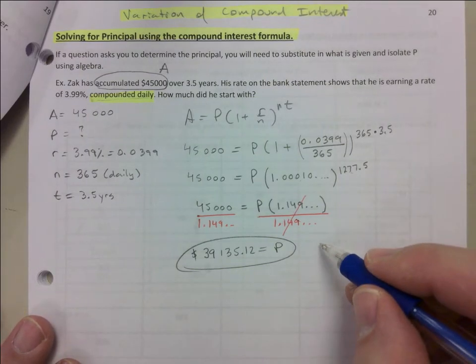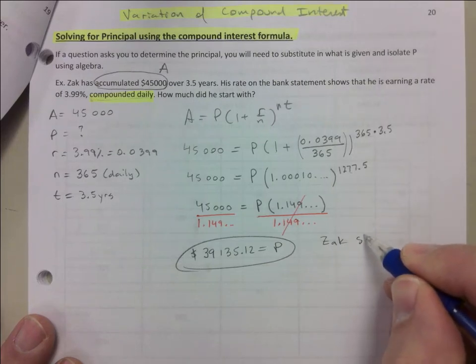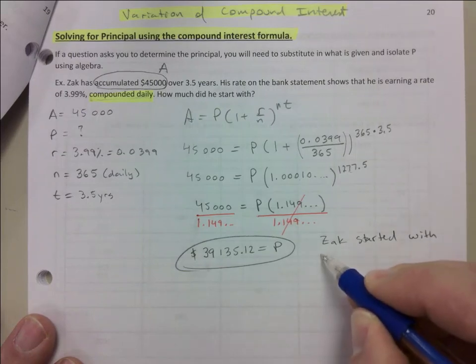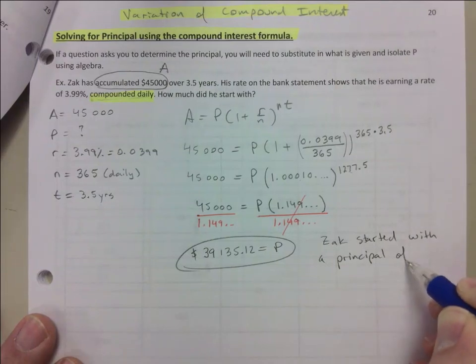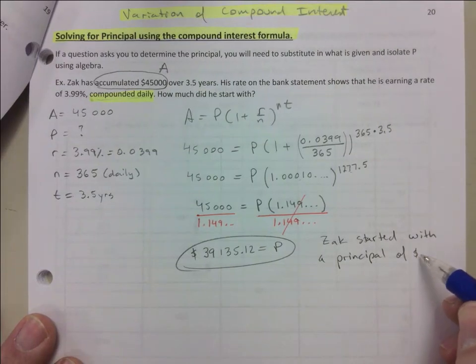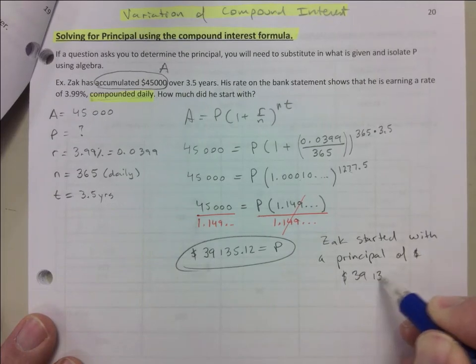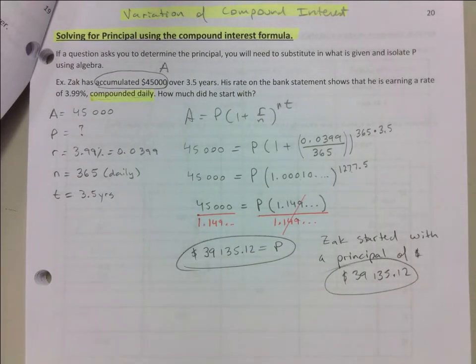So Zach started with a principal of, that's not going to fit in there. Let's try here. 39,135.12. Okay.